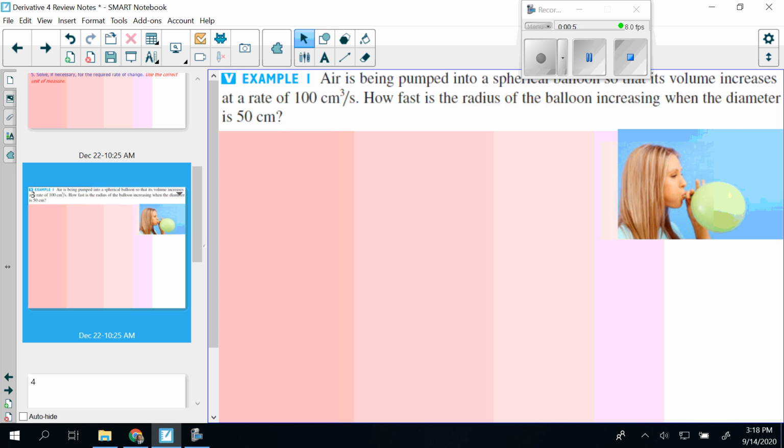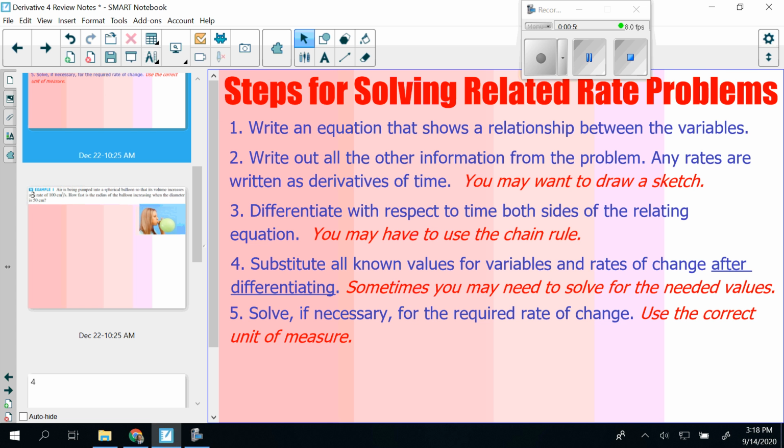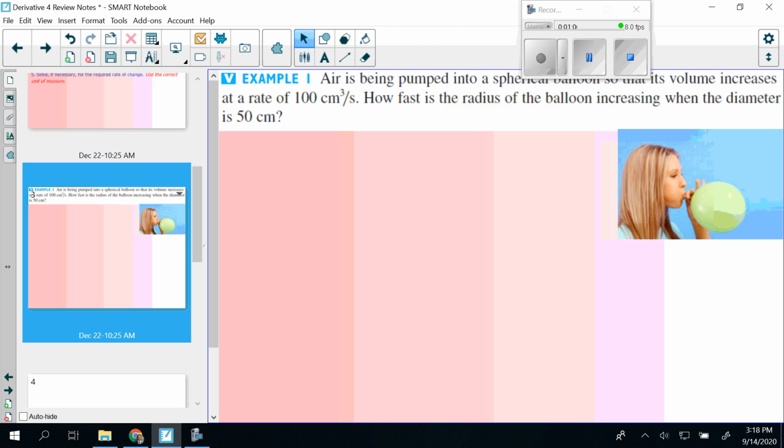Okay, so things we want to do on these ones. Write an equation that shows the relationship between the variables. What are we trying to figure out here? If we are putting air into a balloon and the balloon is increasing, we're talking about the volume of this balloon.